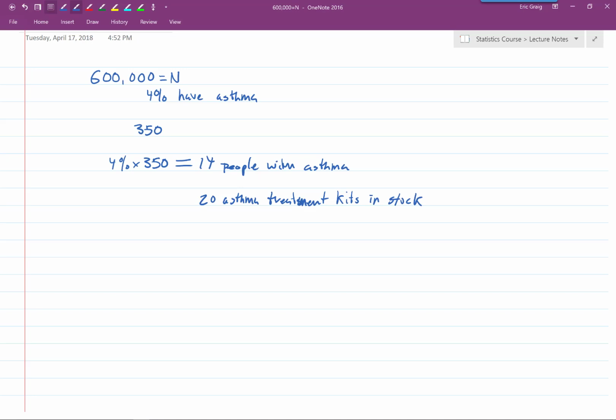Well, the first thing, of course, that we need is to get the standard deviation of this distribution. And the standard deviation, as you know, S equals the square root of p times 1 minus p, over the sample size.